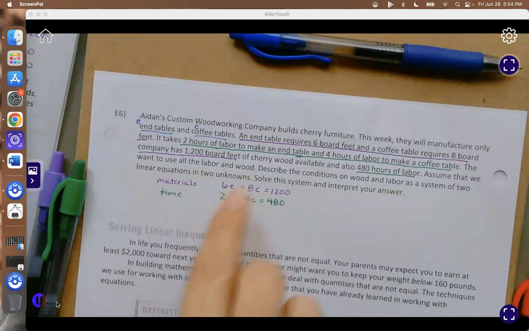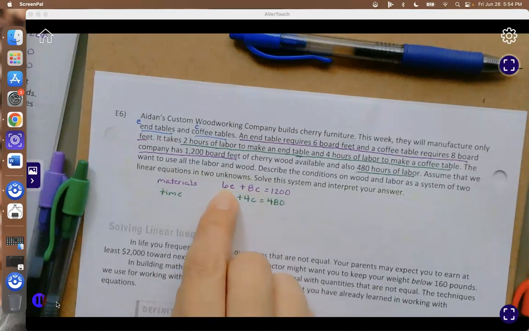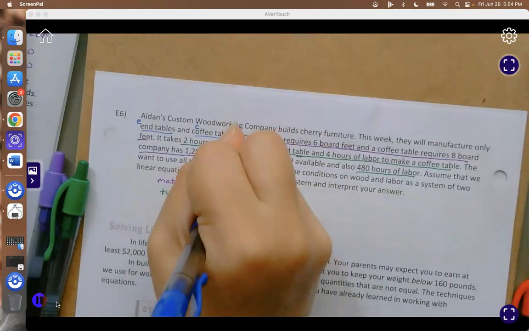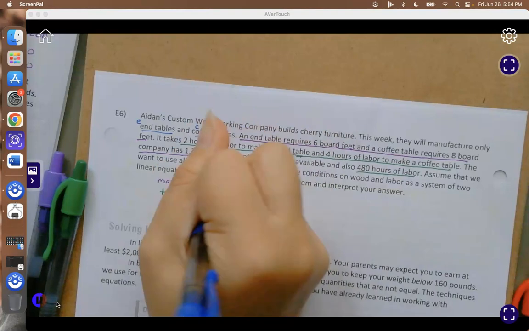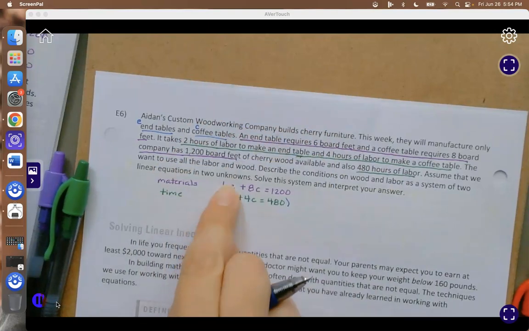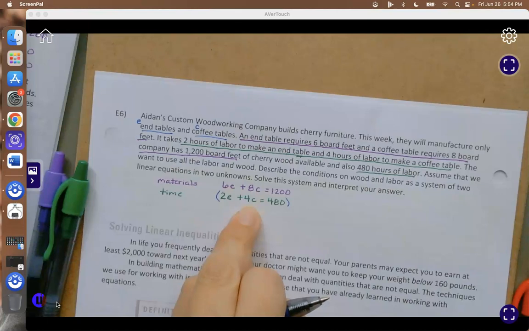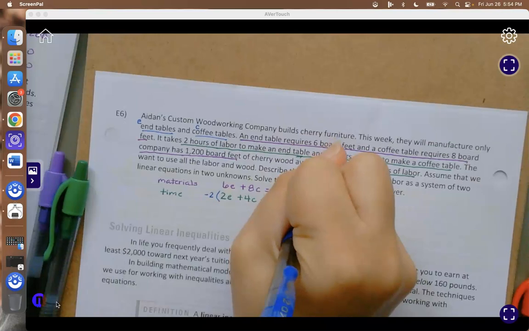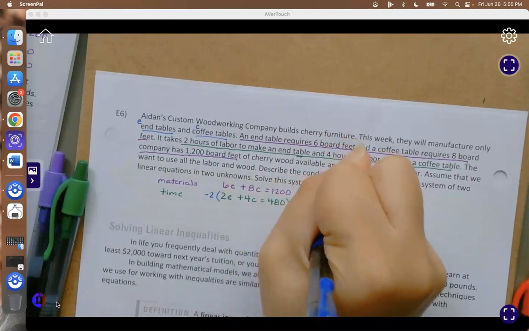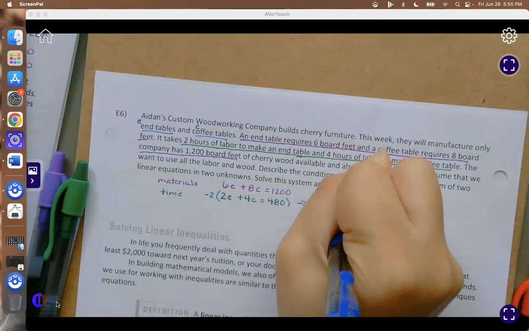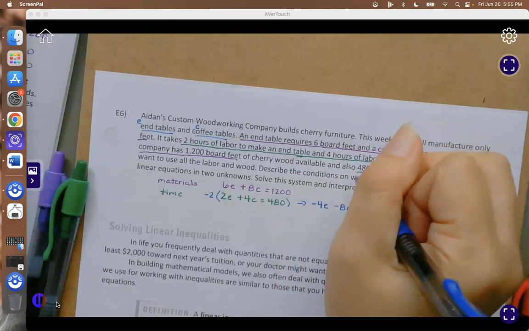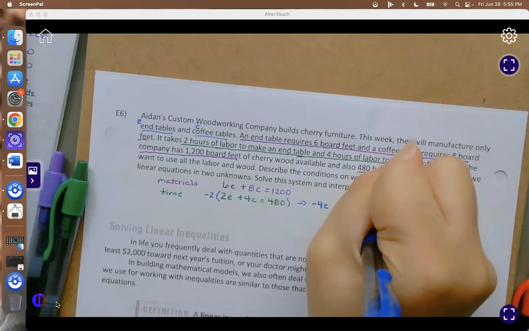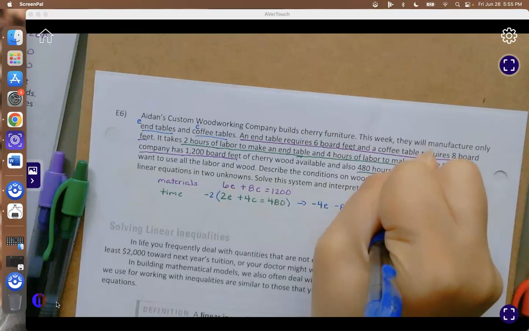Okay, so let's look. We could multiply this bottom row by -3 and make the e's cancel, or multiply this one by -2. -2 is a smaller number, so let's do that. So this would be -4e minus 8c, and 480 doubled, it's -1440.